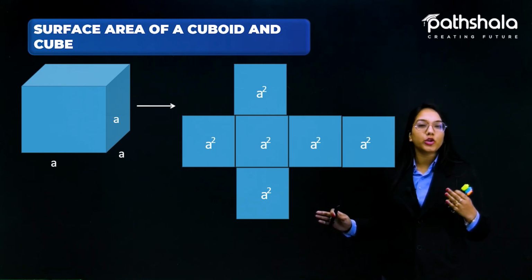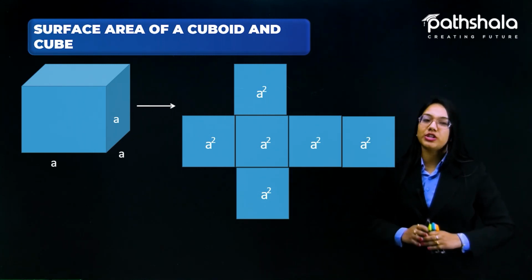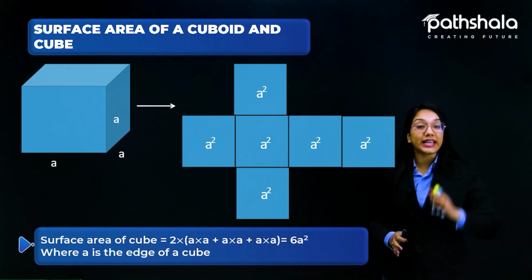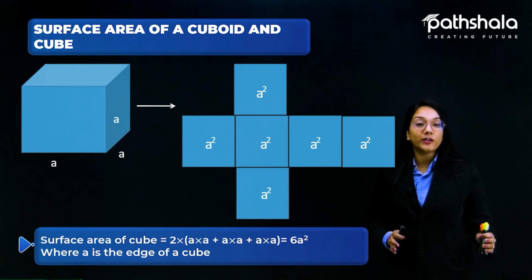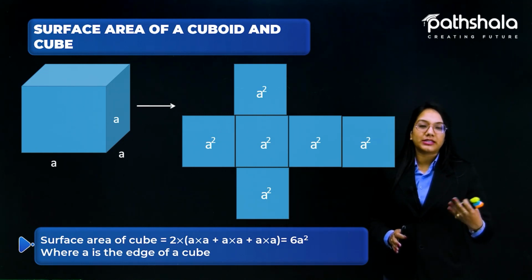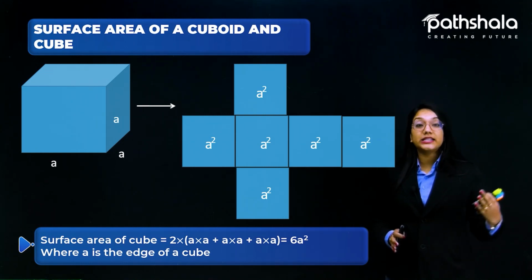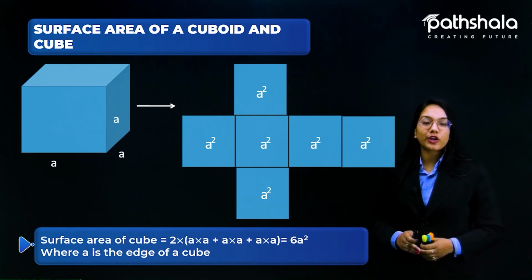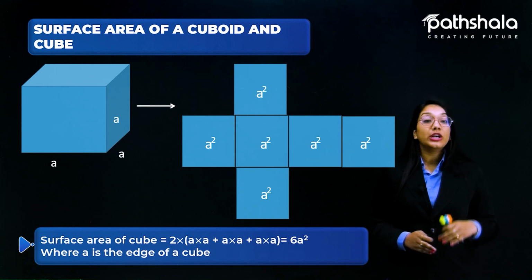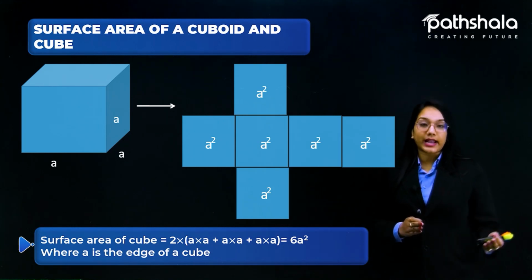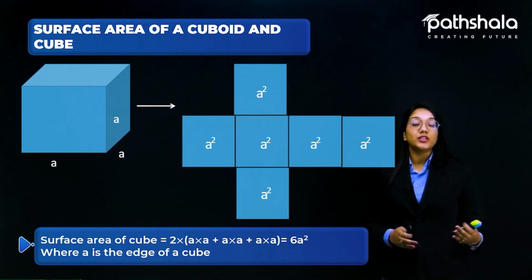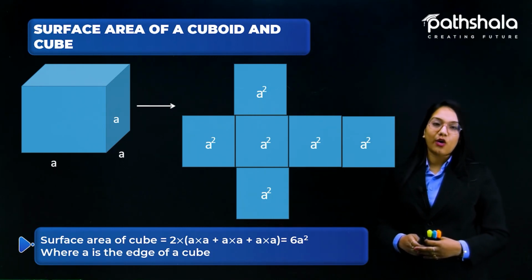If I'm talking about the surface area of a cube, it is quite obvious that the surface area of the cube is 6 into A square, which can also be said as 6 into side square. So always remember, whenever we talk about the surface area of the cube, it is equal to 6A square or 6 into side square, where A represents the edge of the cube. So this is the surface area of a cube.